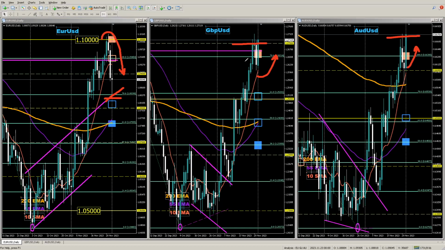So they have gained against the euro as well. And we'll see how that is reflected in the US dollar index against the euro especially.